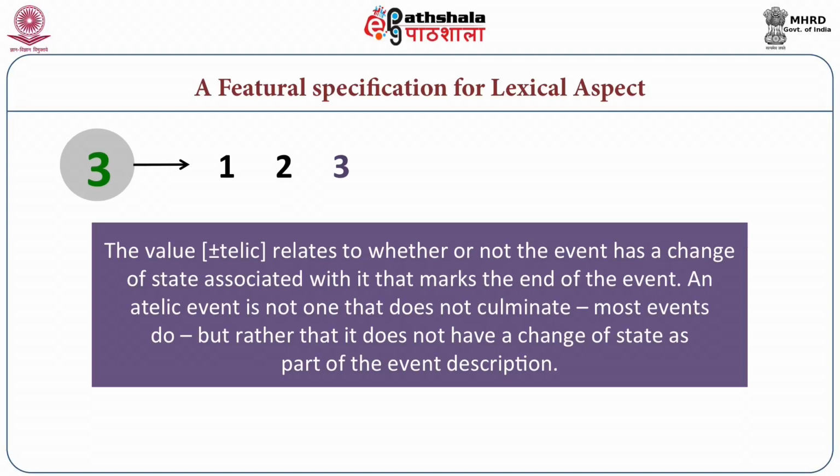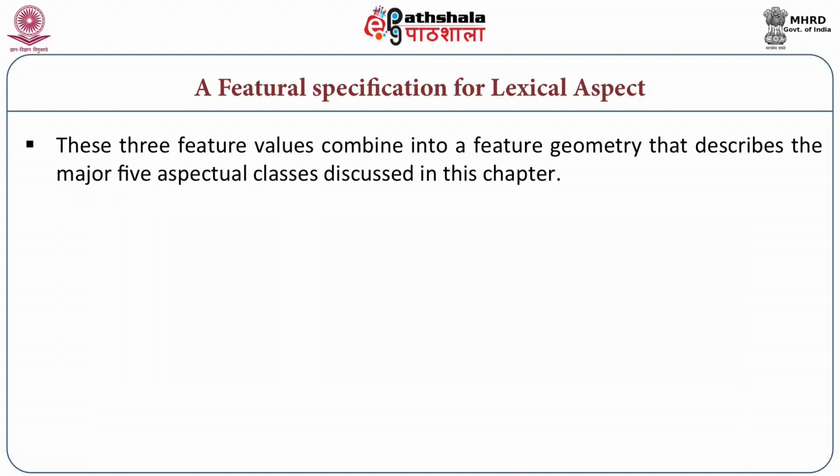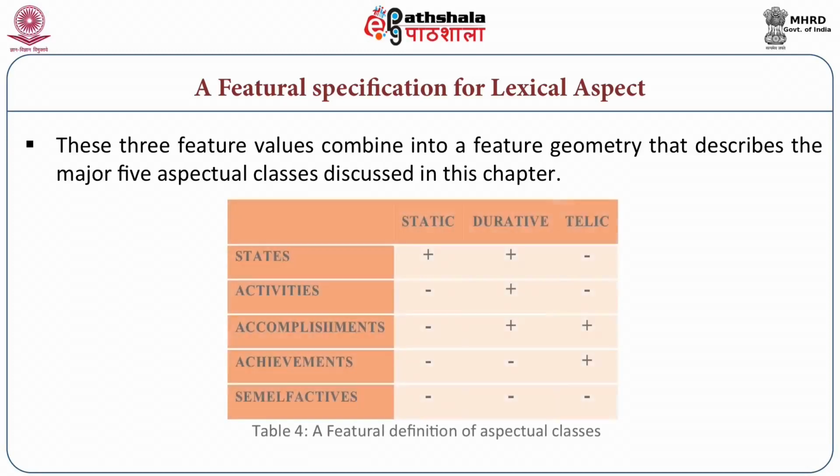An atelic event is not one that does not culminate, because after all, we live in time and most events do, but rather that it does not have a change of state as part of the event description. These three feature values combine into a feature geometry that determines the major five aspectual classes. States are plus static, plus durative, but minus telic.